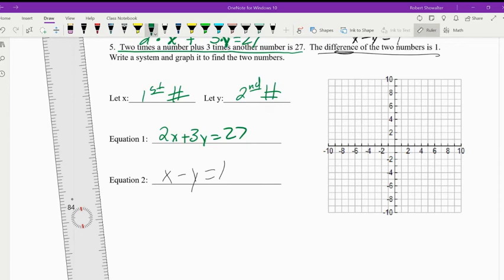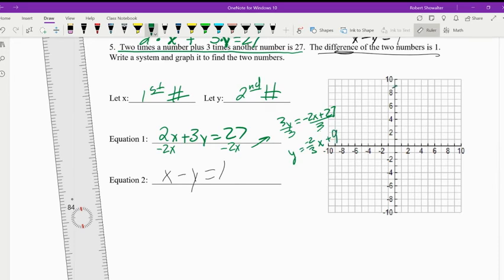So going back to the green line here, in order to graph it, we're going to solve it for y. Subtract 2x from both sides, then divide by 3. So we get y equals negative 2/3 x, negative 2 divided by 3, and then 27 divided by 3 is going to be 9. So we're going to use that to graph our green line.